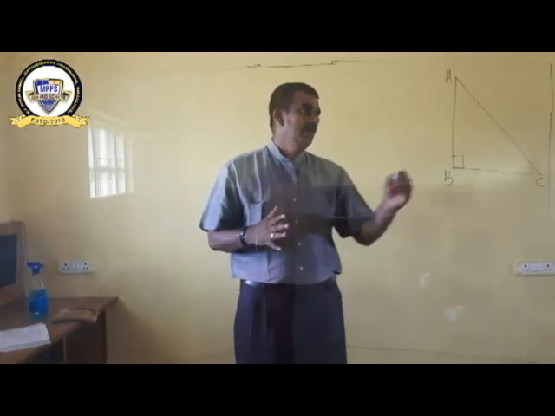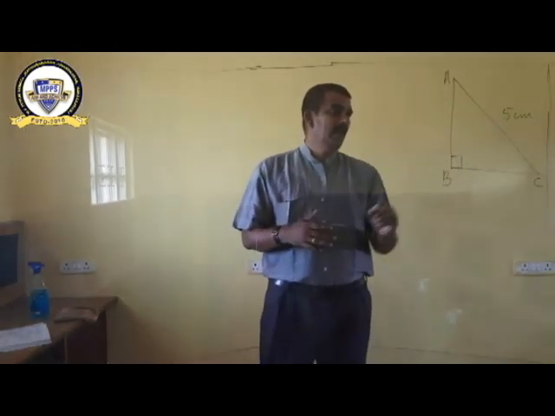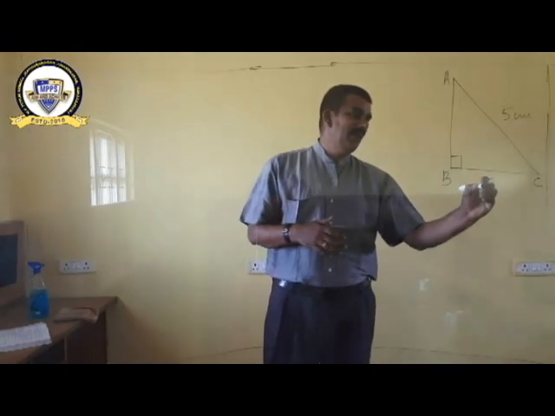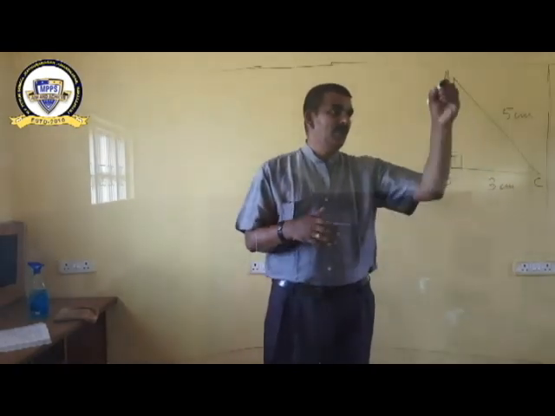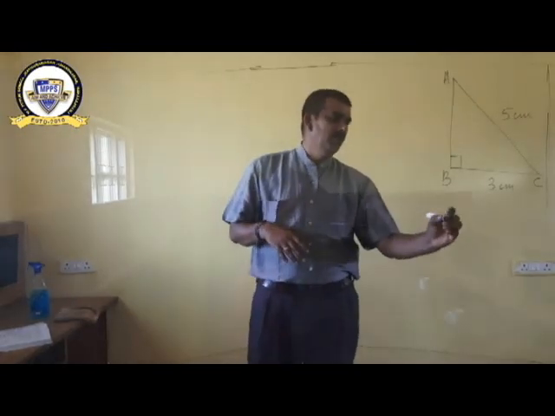For example, if this is 5 centimeter and this side is 3 centimeter, and I want to know about the AB, it's quite comfortable for you.